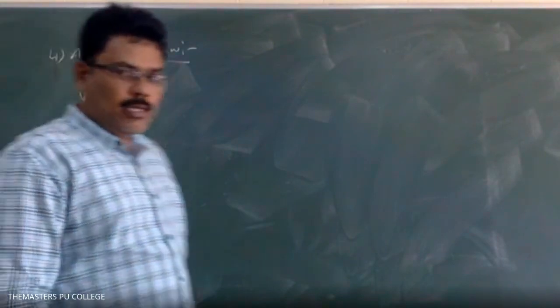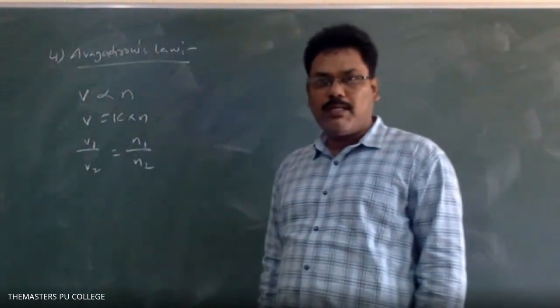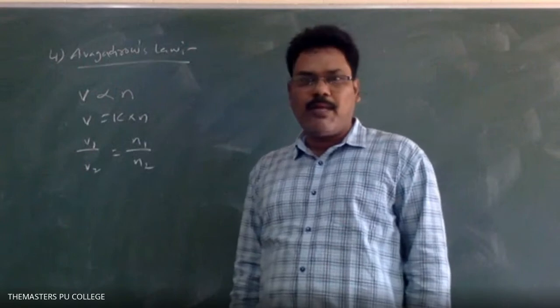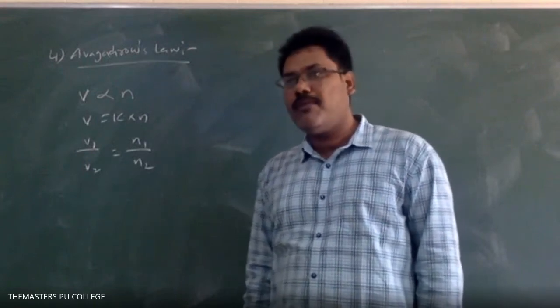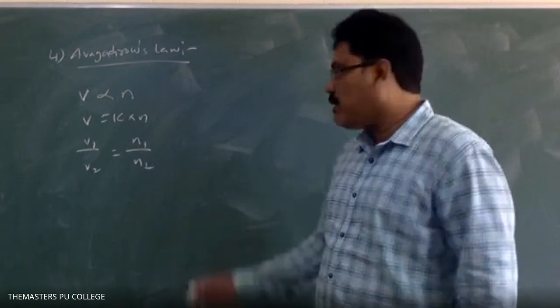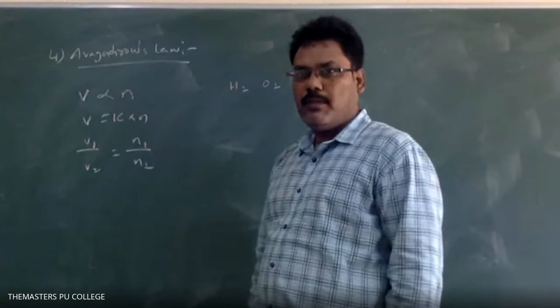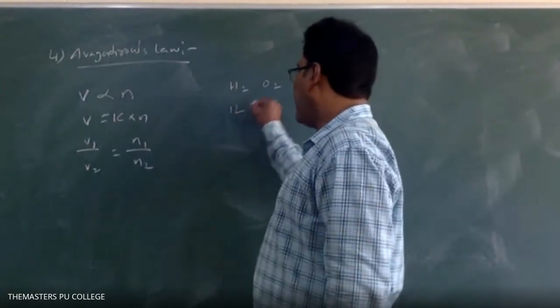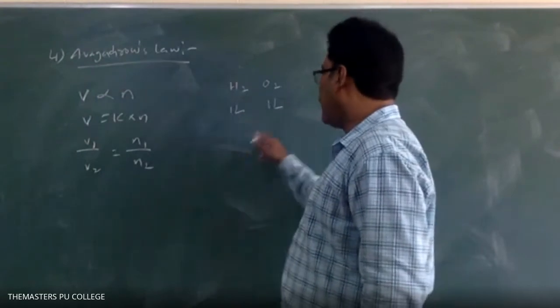According to that statement, what is the meaning here? Equal volume of gases contains equal number of gas molecules, that means equal number of moles of gas. For example, I am taking hydrogen and oxygen, 1 liter of hydrogen and 1 liter of oxygen.